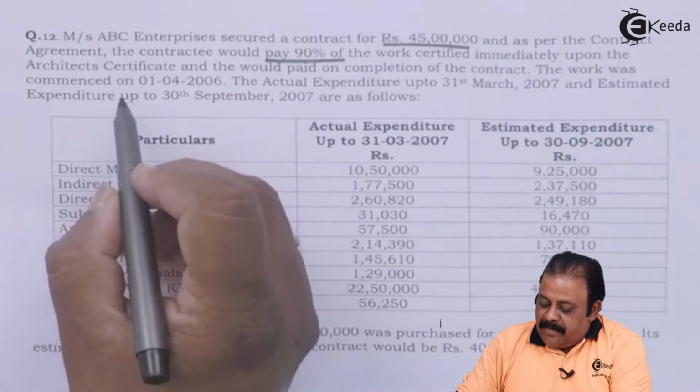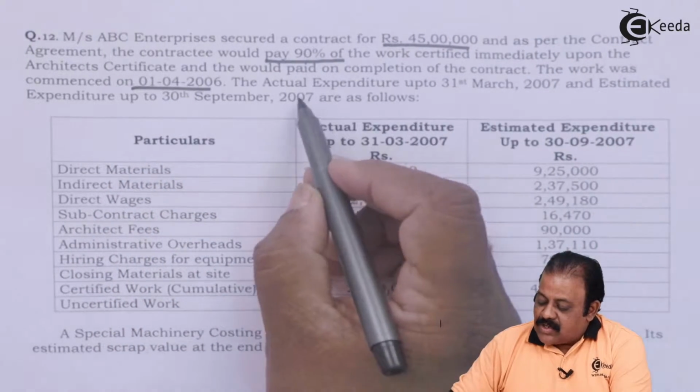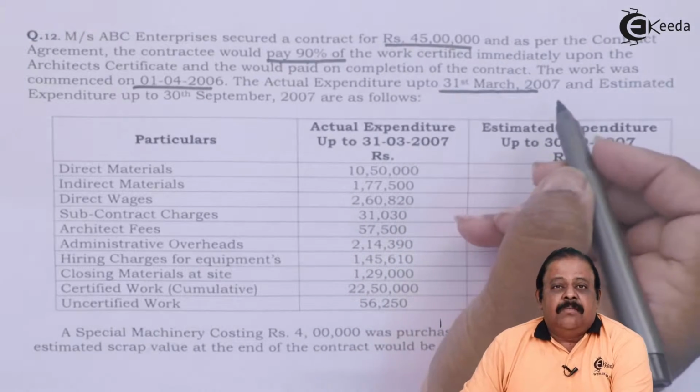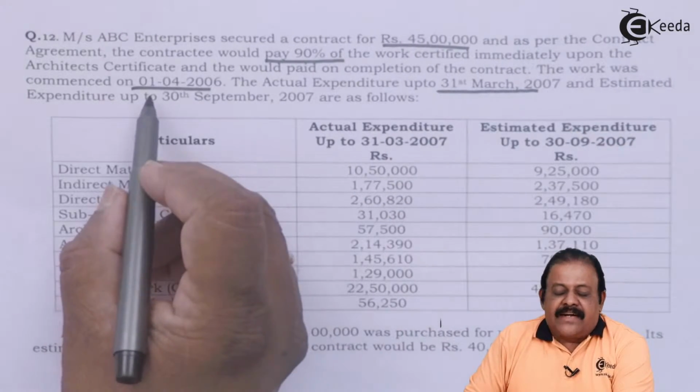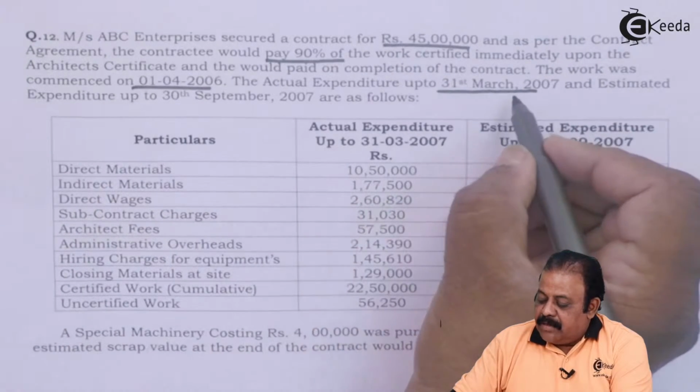The work was commenced on 1st April 2006 and the actual expenditure up to 31st March 2007 is available. That means the contract has been started on 1st April, and actual expenditure details are available up to 31st March 2007.